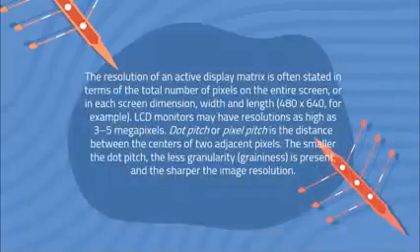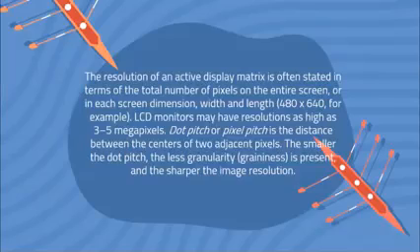The resolution of an active matrix display is often stated in terms of the total number of pixels on the entire screen or in each screen dimension, width and length. For example, 480 by 640. LCD monitors may have resolutions as high as 3 to 5 megapixels.